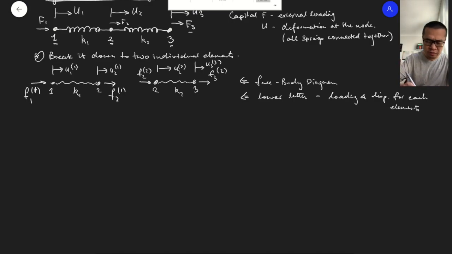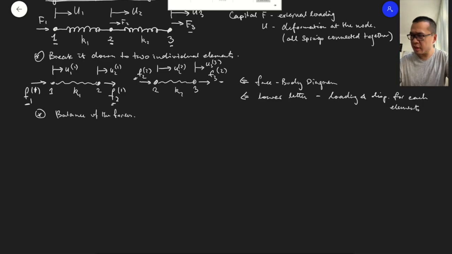And we also need to make sure there's a certain relationship that all these forces must satisfy in order for the whole thing to balance. So we have balance of the forces. On node 1, we have F1, the external force, and it must balance the force on node 1 that is driven by the spring.